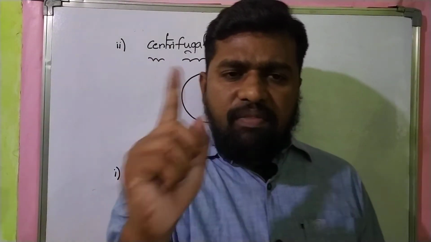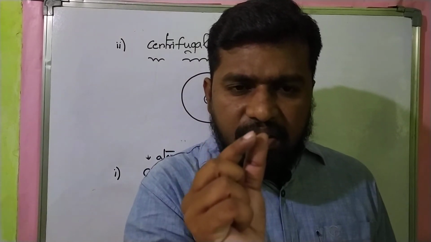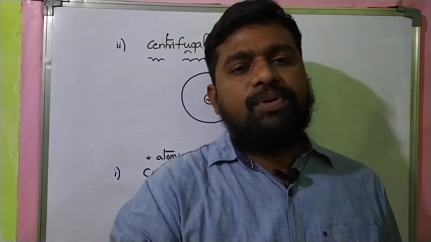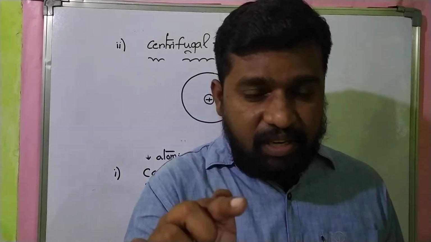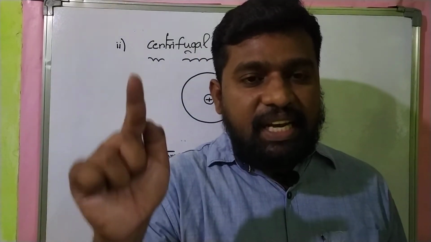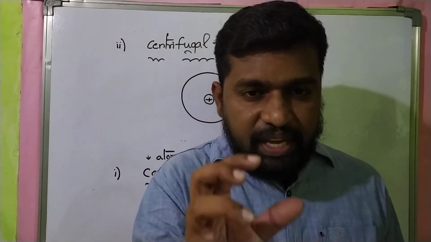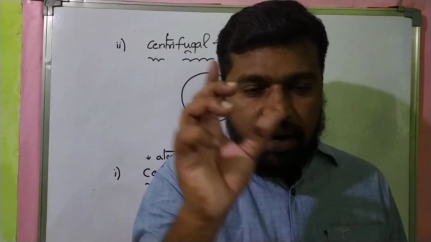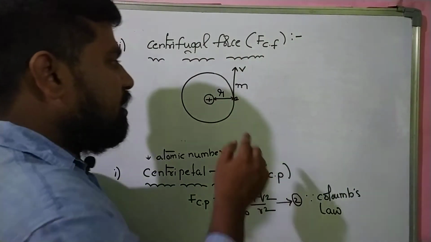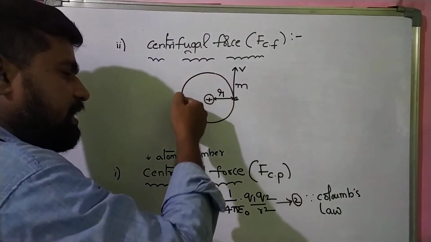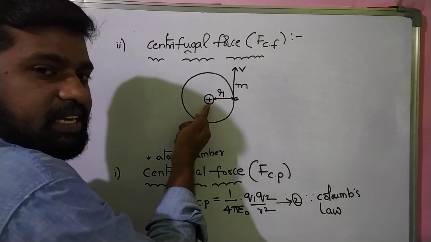Now listen everybody. If the electron is always revolving around the nucleus, the electron always tends to escape from the nuclear force of attraction. Such type of force which is acting on the electron, which is responsible for the electron escaping from the nuclear force of attraction, is called centrifugal force. Here centripetal force is acting towards the nucleus.